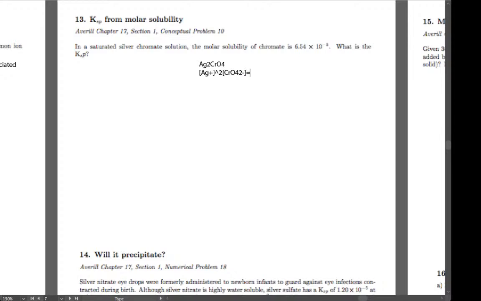We can just assume that to be x, so we can say 2x. So it will be 4x cubed, which would equal that number.